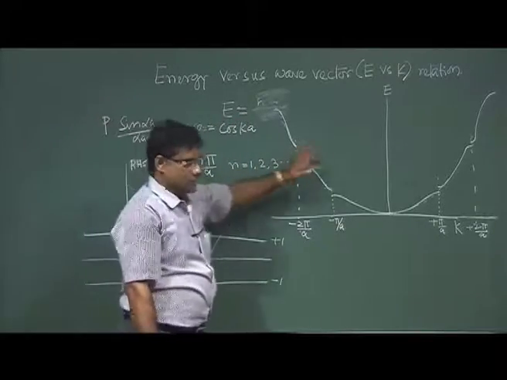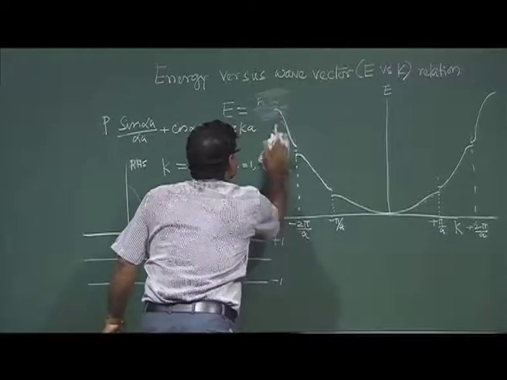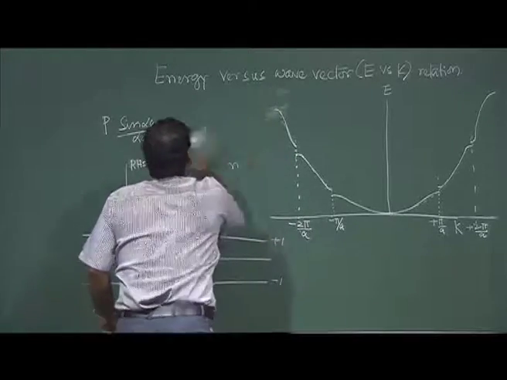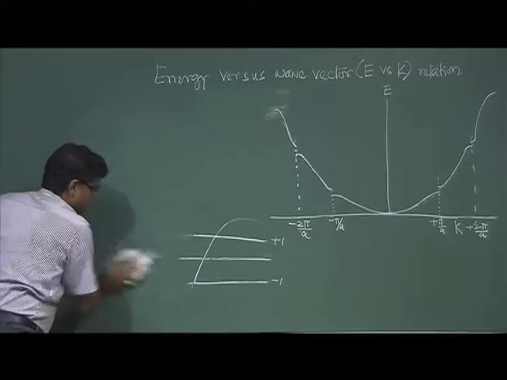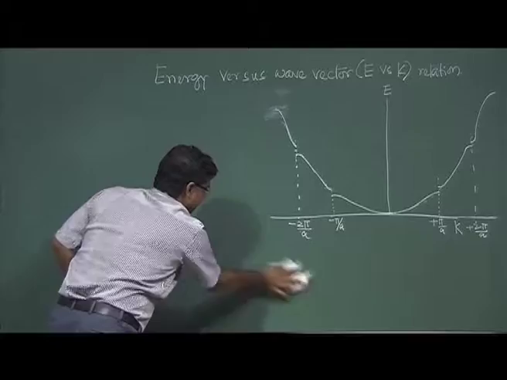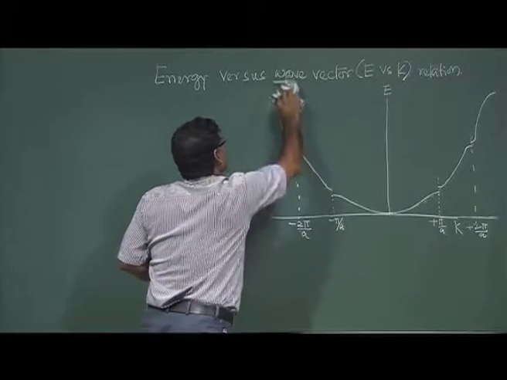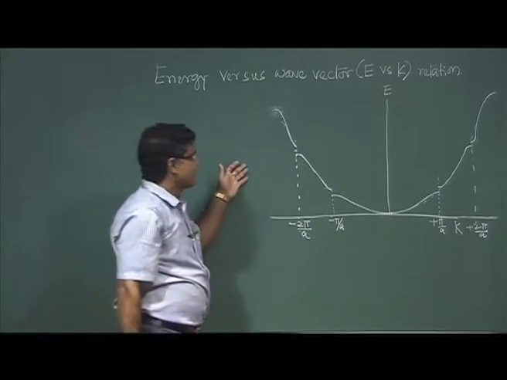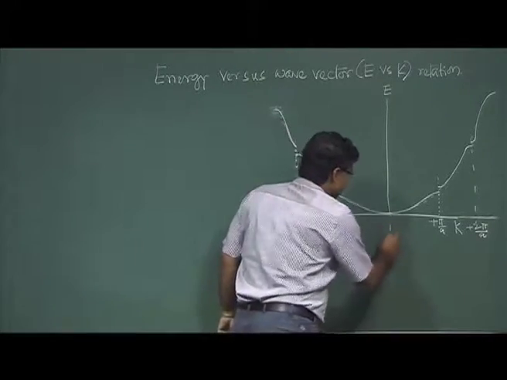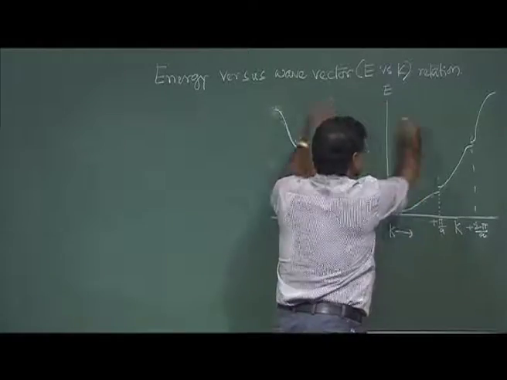Okay. So this is an important finding for electrons in a periodic lattice, for electrons in a crystal. Its energy and k relation is like this.